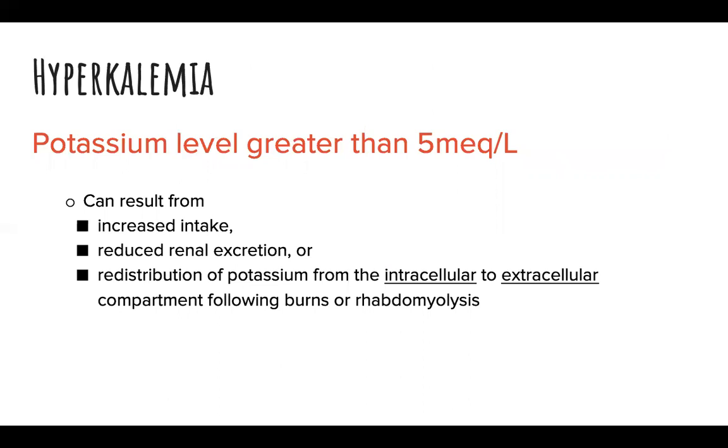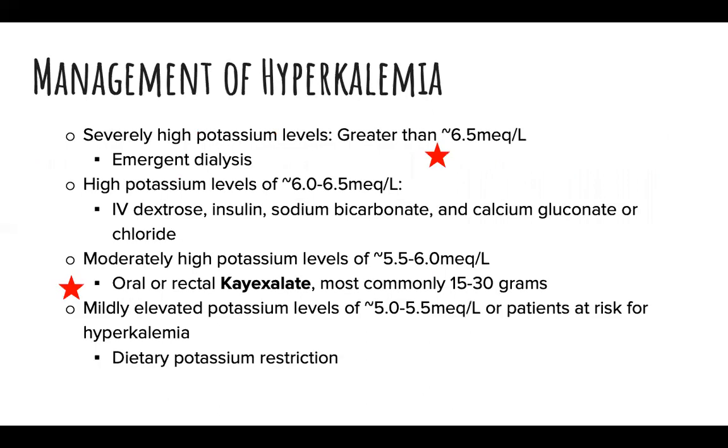With hyperkalemia, this is a potassium level greater than 5. To manage hyperkalemia, and I don't need you by any means to memorize exactly which level correlates to which drug, but if a patient has a mildly elevated potassium level, they may have a dietary potassium restriction, so to eat less of foods that contain potassium.